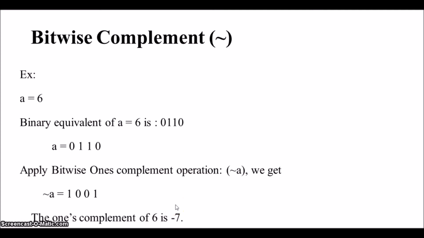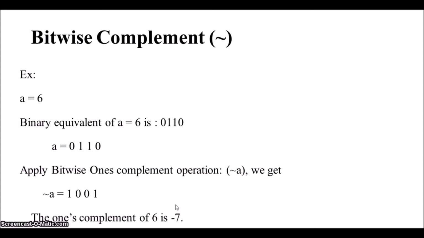To explain this in detail, I will make another video on how the bitwise ones complement works. Till then, just remember that for any integer n, the bitwise ones complement of n will be minus of n plus 1.